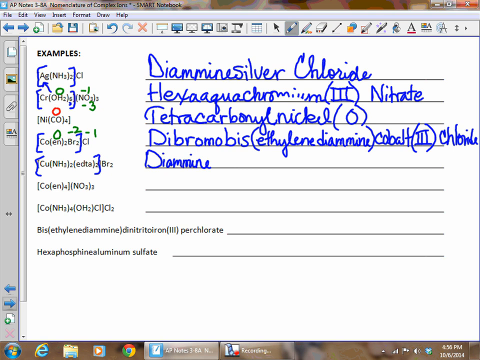And now we're going to write the polydentate EDTA. Since there are two of them and they're polydentate, remember it's bis. In parentheses, go back and look up what EDTA stands for. I'm sure you don't have it memorized yet. Ethylenediaminetetraacetate.